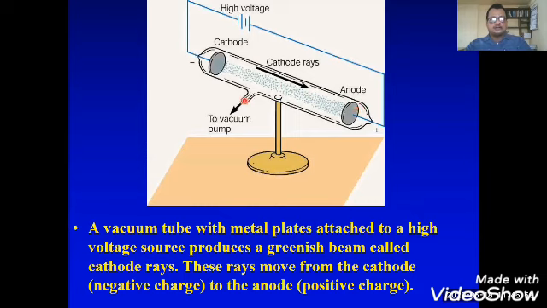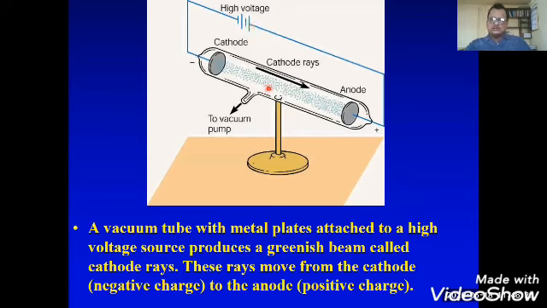There is an outlet, and through this outlet we can connect it to a vacuum pump so that we can suck the air out and get a vacuum inside the tube. And these two electrodes were connected to a very high potential difference of around 10,000 volt, or 10 to the power of 4 volt.